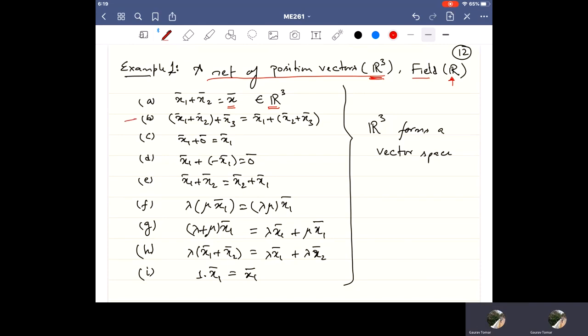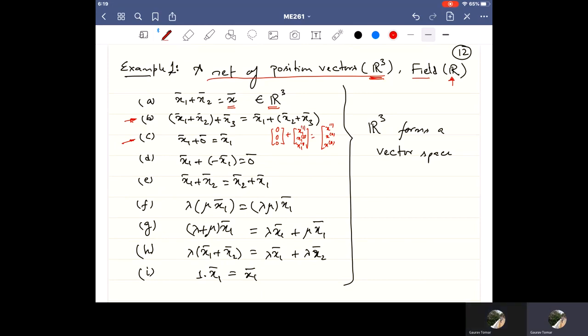It will also satisfy the associativity property clearly. x1 plus x2 plus x3 is going to be equal to x1 plus x2 plus x3 under any grouping. If you have a zero vector there, when you add it, you get the same vector back, right? The zero vector is nothing but 0, 0, 0. When you add it to x1,1, x1,2, and x1,3, what you get is essentially x1 back, right?